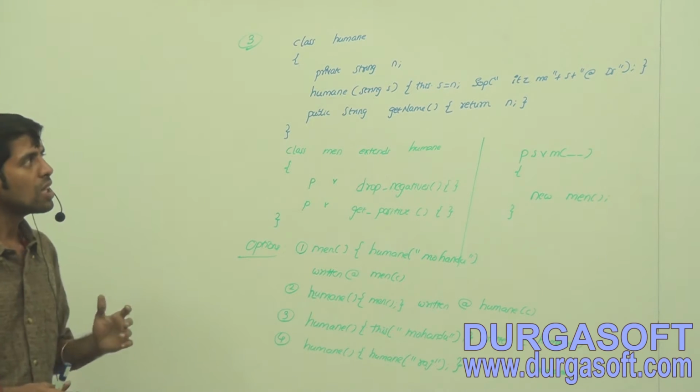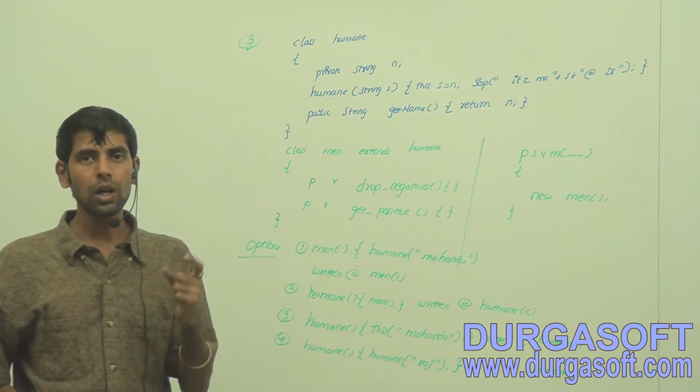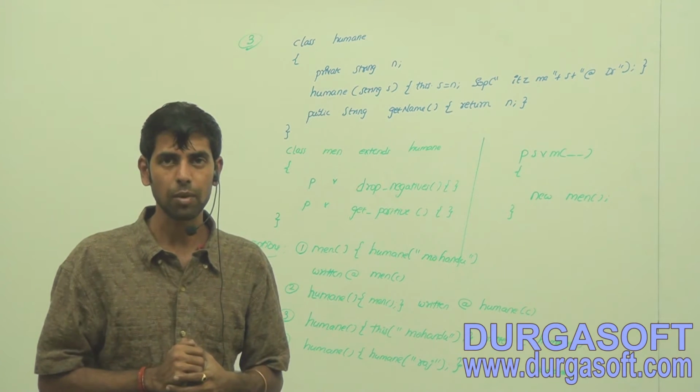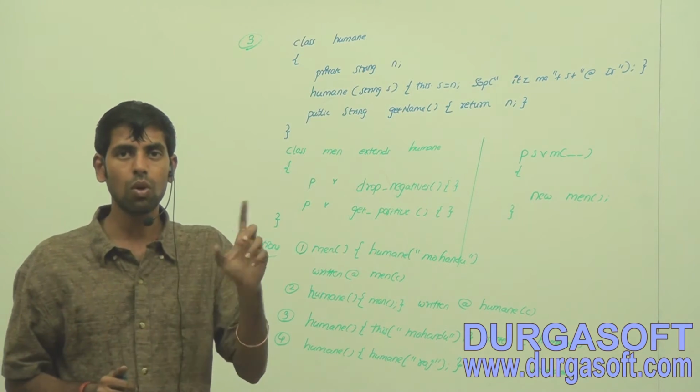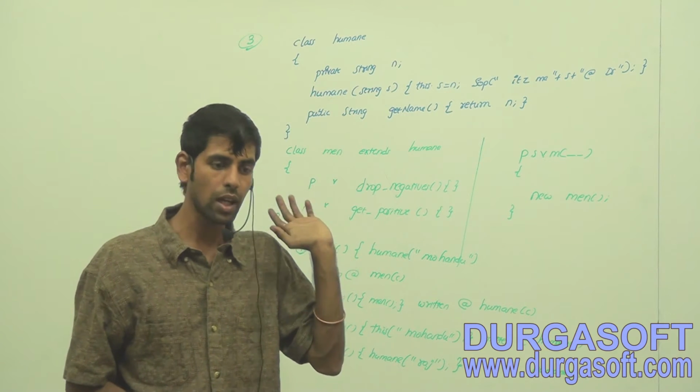Now if you observe this entire piece of code, we are going to use only one concept. What is that concept? The constructors concept. If you have any doubt, please go and revise that constructors session. Now observe here.